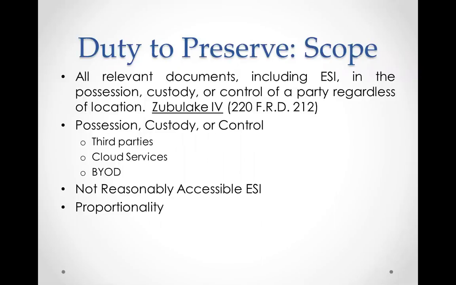And the question then is, does it have to be preserved? Usually this topic involves backup tapes, and particularly disaster recovery backup tapes, where there's probably a copy of the relevant data on those backup tapes, but it would be cost prohibitive to set them up and retrieve that data. So is there an obligation then to preserve it?